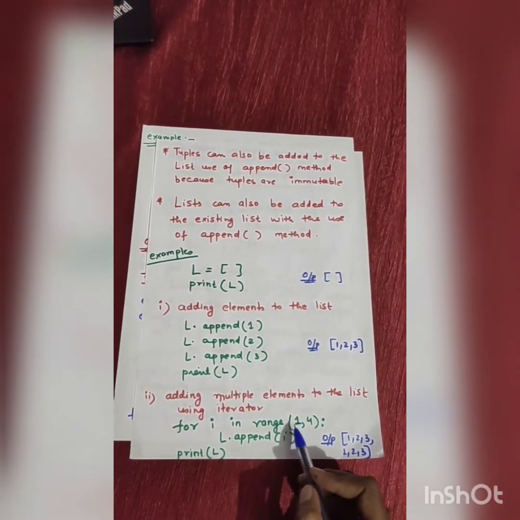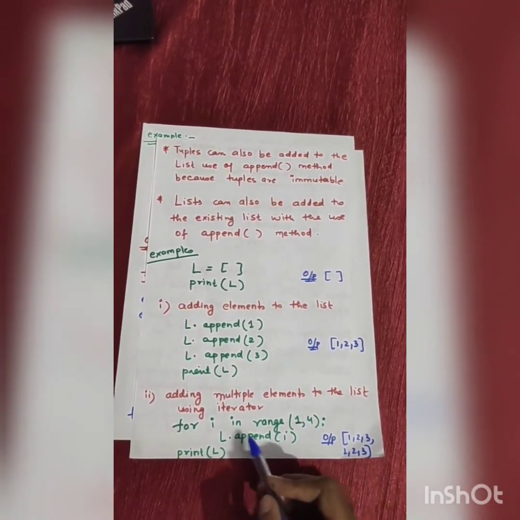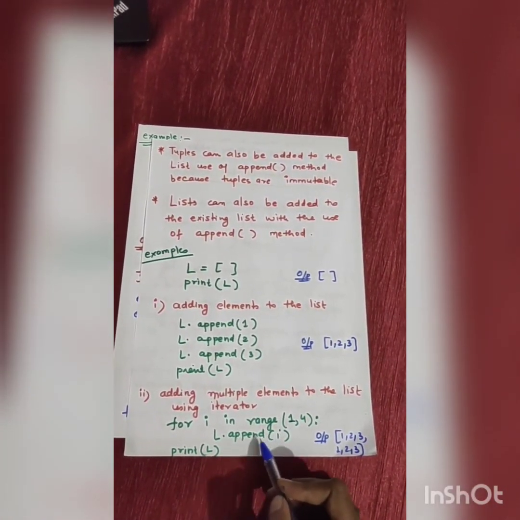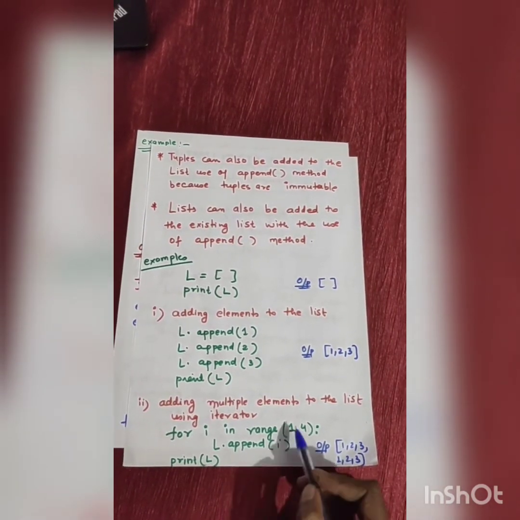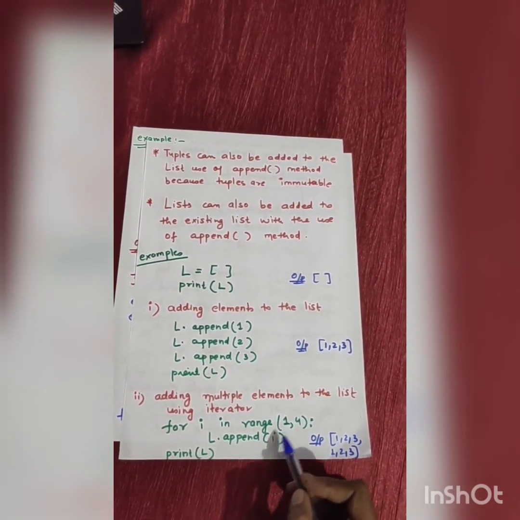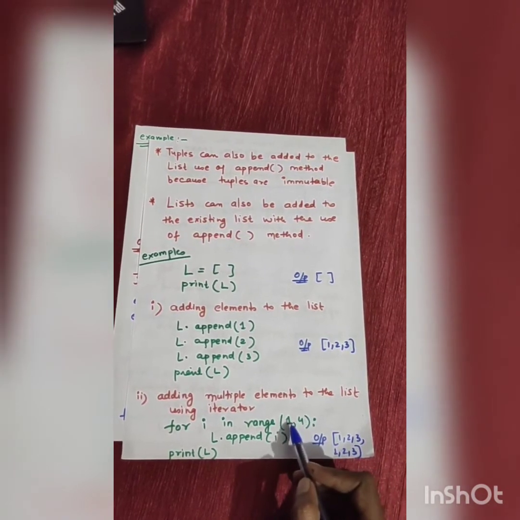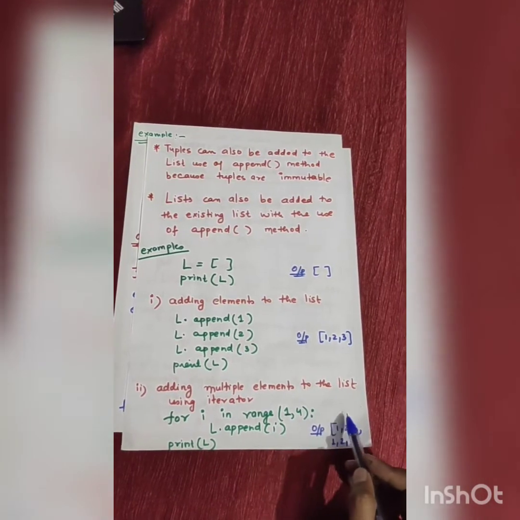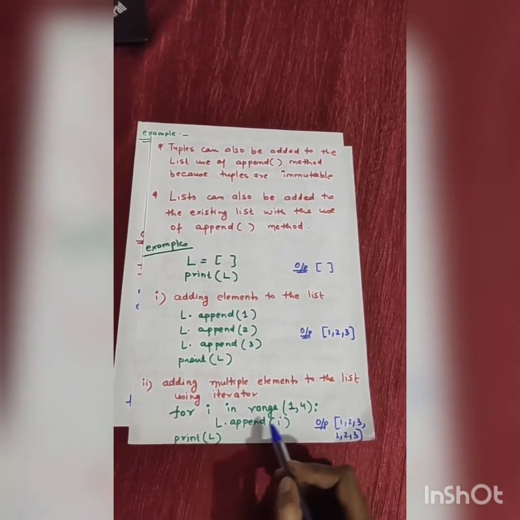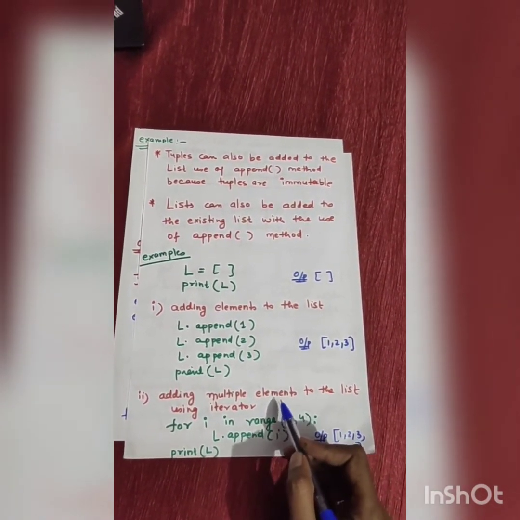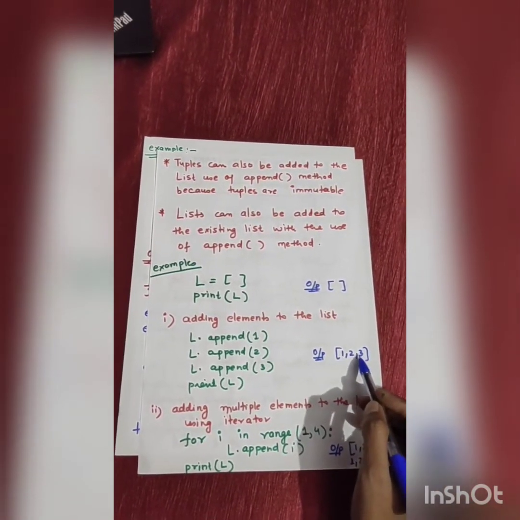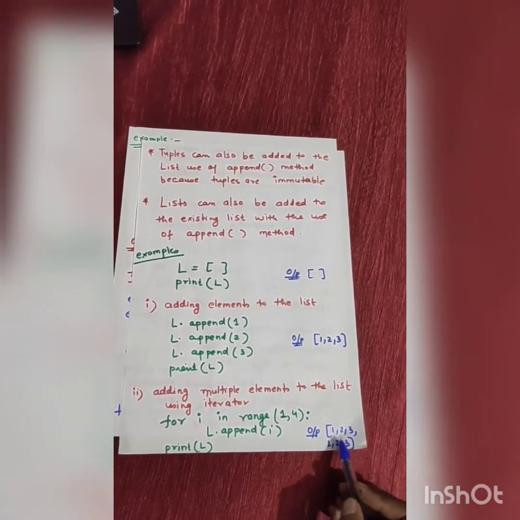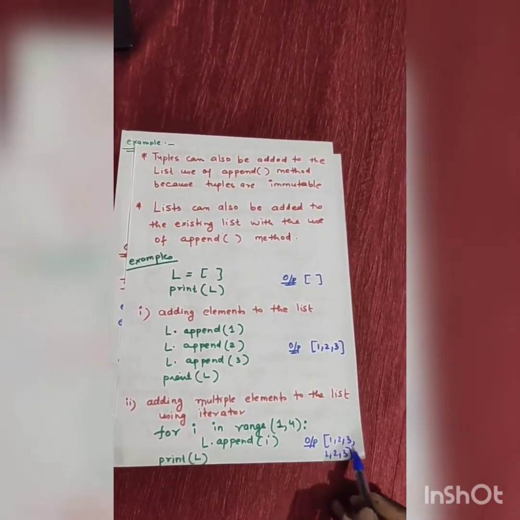So if I want to add from 1 to 4, it will add 1, 2, 3 one by one, and after that it will skip 4, because the range function goes only from start to end minus 1. It is also going to add at the end of the list, so the output is 1, 2, 3 and after that 1, 2, 3.